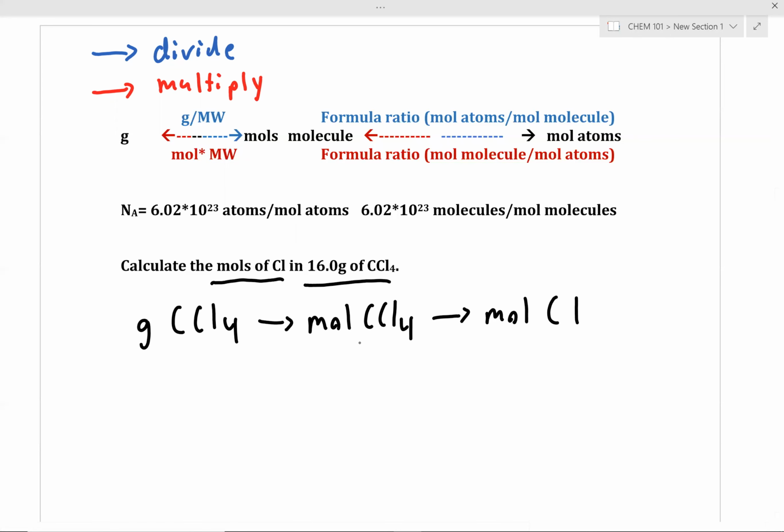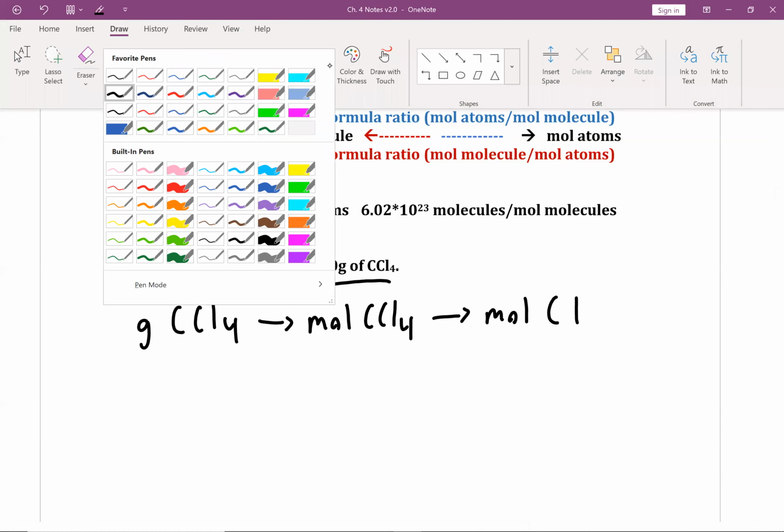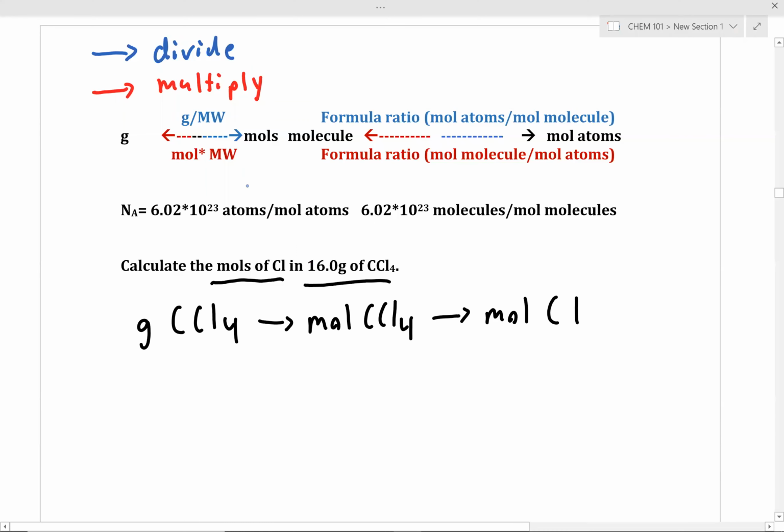Okay, so now with this established, we're going to highlight what conversion factors we're going to be using. Looking at our problem-solving scheme, if we want to go from grams to moles, what do we do? Yep, and do we multiply or divide by our molar mass? Divide, yep. So notice the arrow going to the right is blue, so we're going to divide by our molar mass.